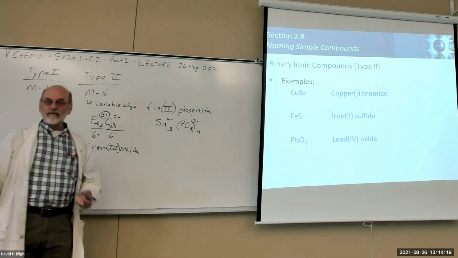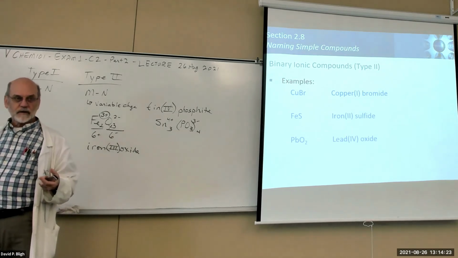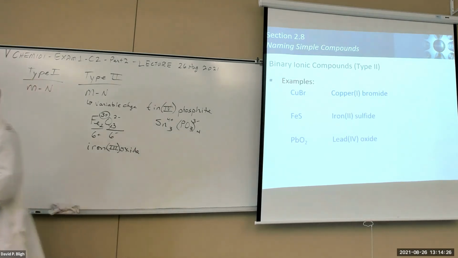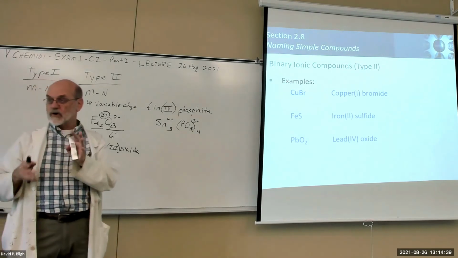But anytime you have possible multiple charges, you want to use the type 2 convention. And I think the periodic table I handed out, doesn't it have charges? Yeah, it has charges in it. So you can tell from that table whether you're dealing with more than one charge.